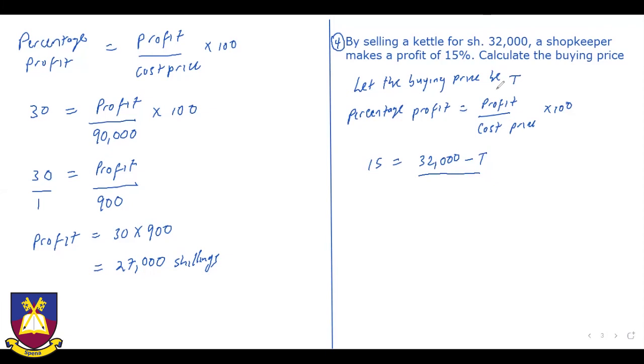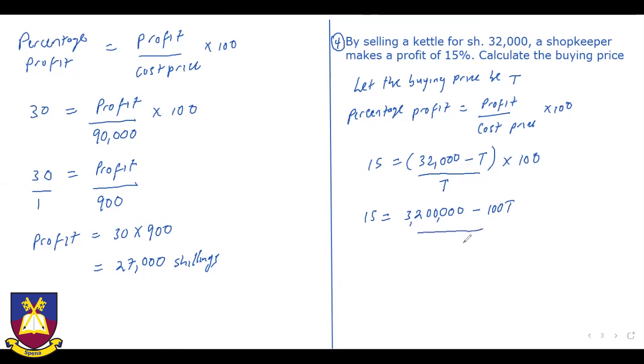No, but we have it as T. So times T, then this is multiplied by 100. So we're going to open brackets first. This is 15 is equal to 3,200,000 minus 100t.